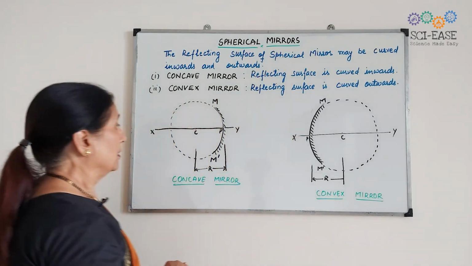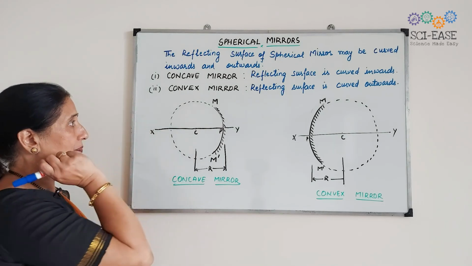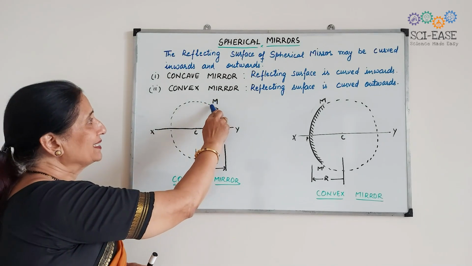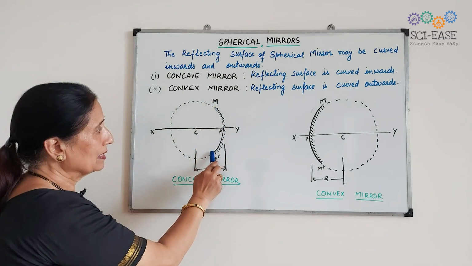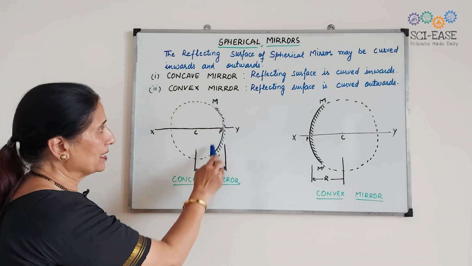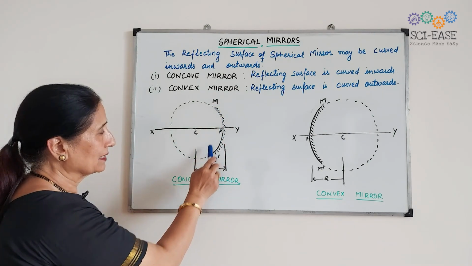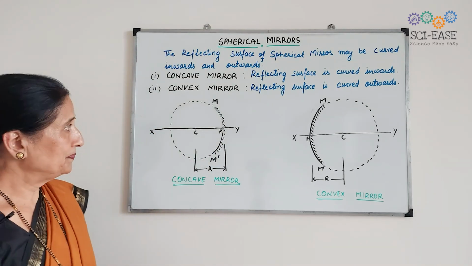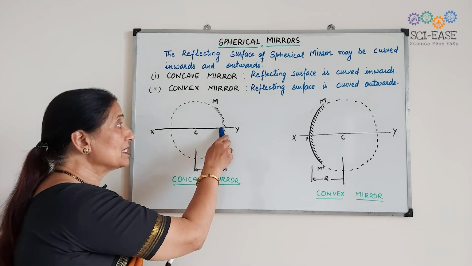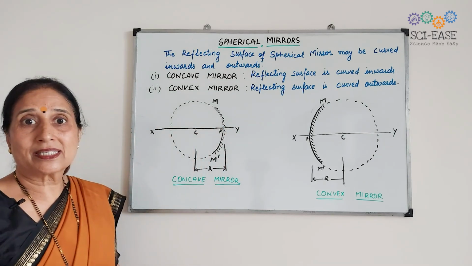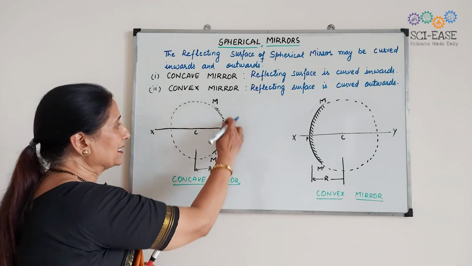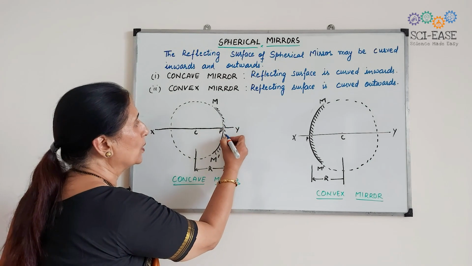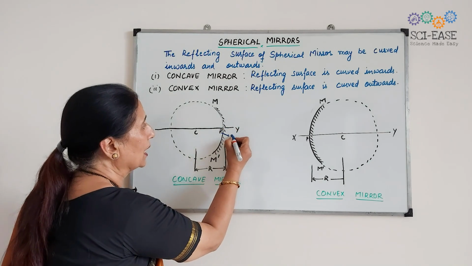Now, see this diagram. I have told you that this is the concave mirror and this is the reflecting part of the mirror. The center of this reflecting part is known as the pole.